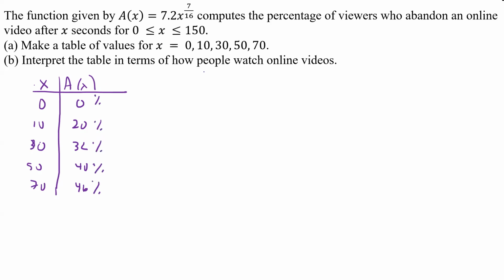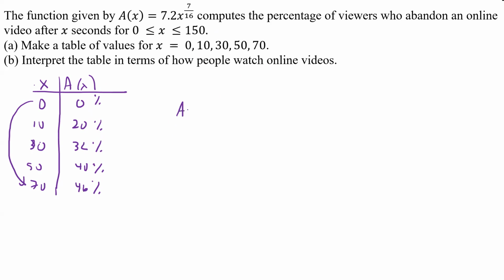And so we're supposed to interpret the table in terms of how people watch online videos. So it looks like as time goes up, we're kind of slowing down. It jumped huge, 20%, then it went to 30, 40, 46.